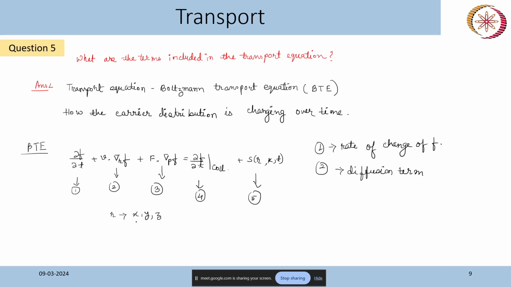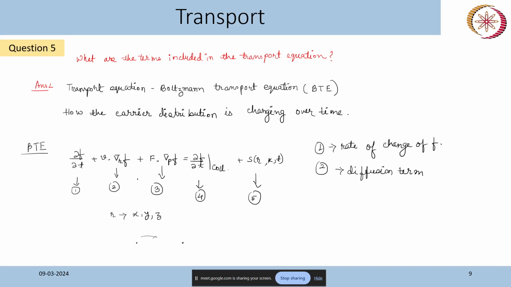So if there is a variation in the distribution function, that means if in one position the distribution is high, that means a higher number of carriers compared to some other position, then say it is point 1 and point 2, the distribution function value is high here, that means the concentration is high, so electrons will move.